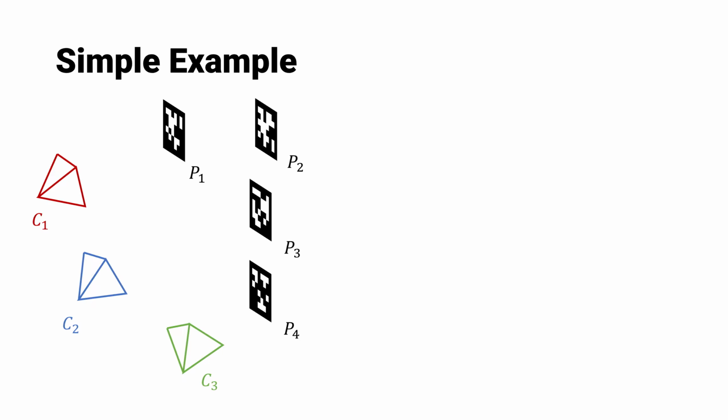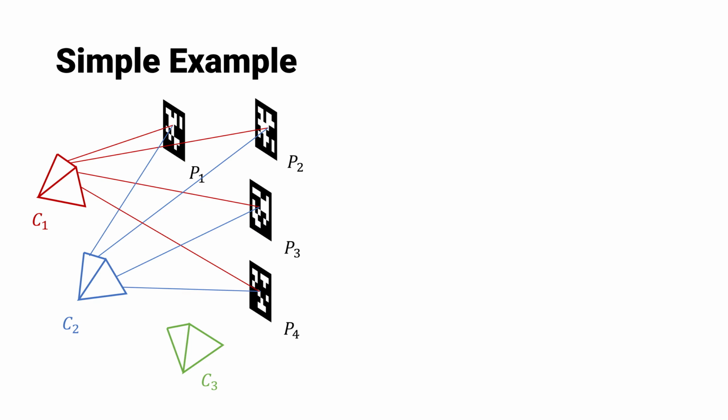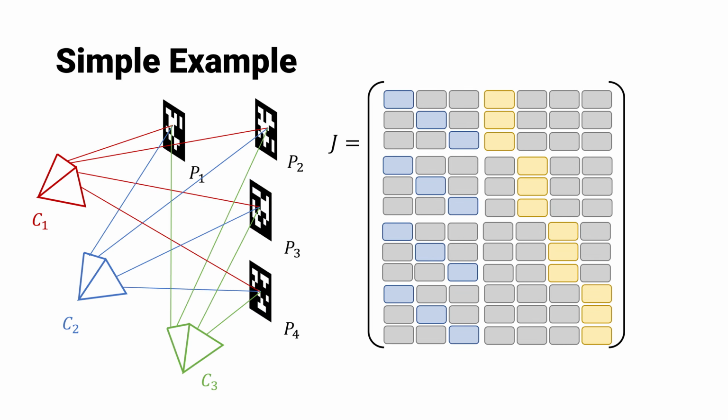Let's say in the first camera view, you see all the 4 tags. In the second camera view, you see all the 4 tags. And in the third camera view, you see all the 4 tags as well. When you write your Jacobian matrix, this is what it's going to look like. It has a beautiful structure to it, where the first 3 columns represent the camera poses, and the last 4 columns represent the 4 points.